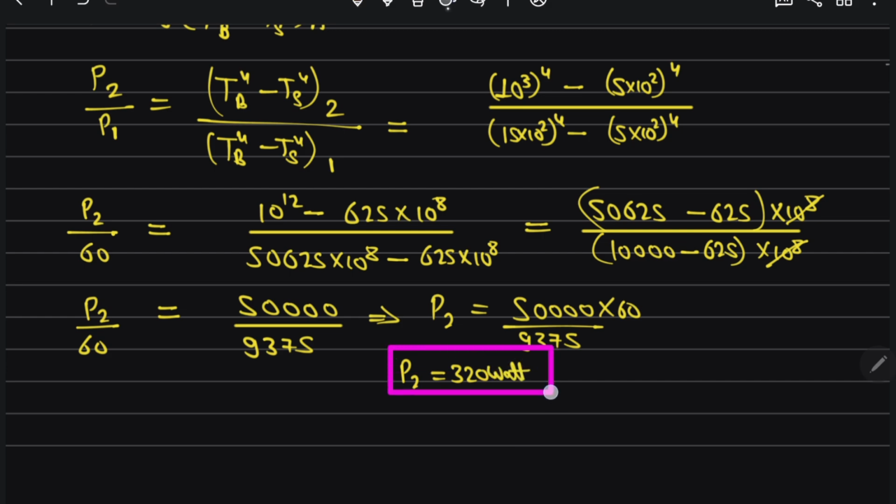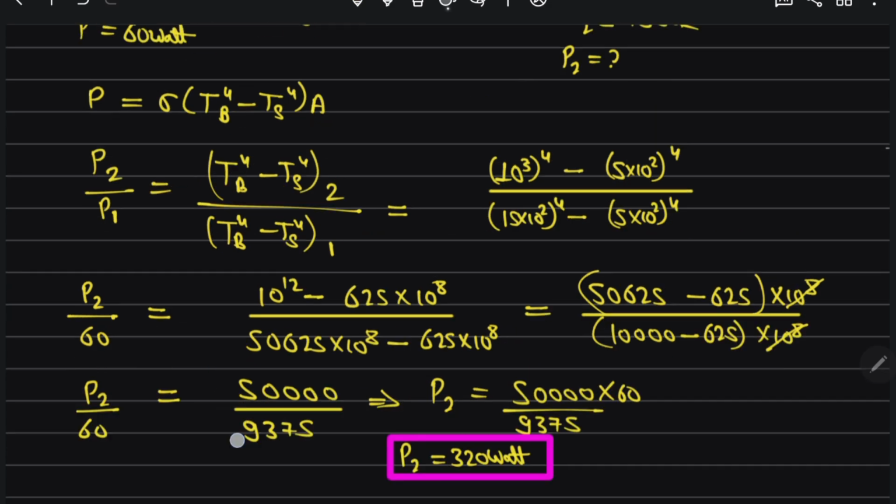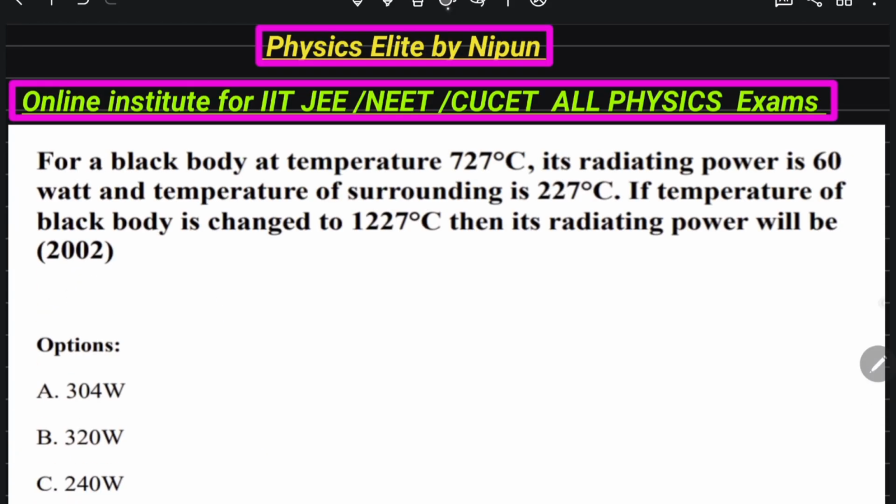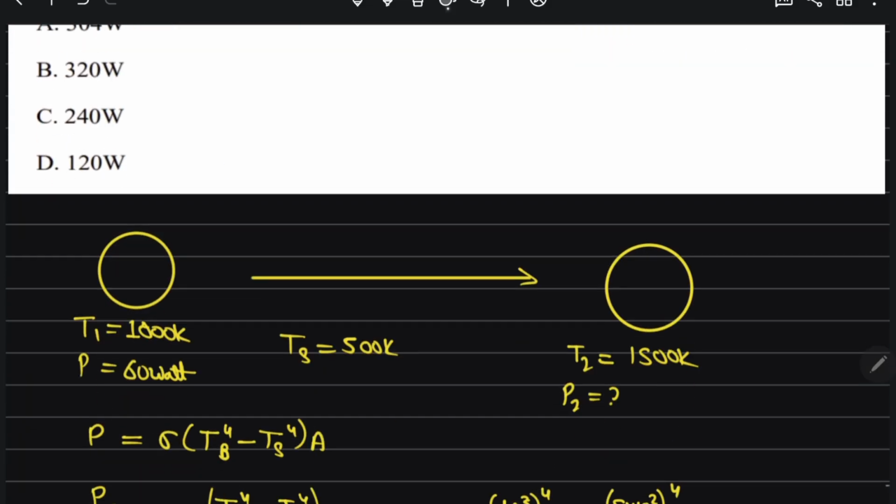So actually, do you understand what mistake I made? Let me explain again. For a black body at a temperature of 320 Kelvin, its radiating power is 60 watt. The temperature of surrounding is 220 degrees Celsius. If the temperature of the body changes to 1227 degrees Celsius, its radiating power is, they are asking P2.